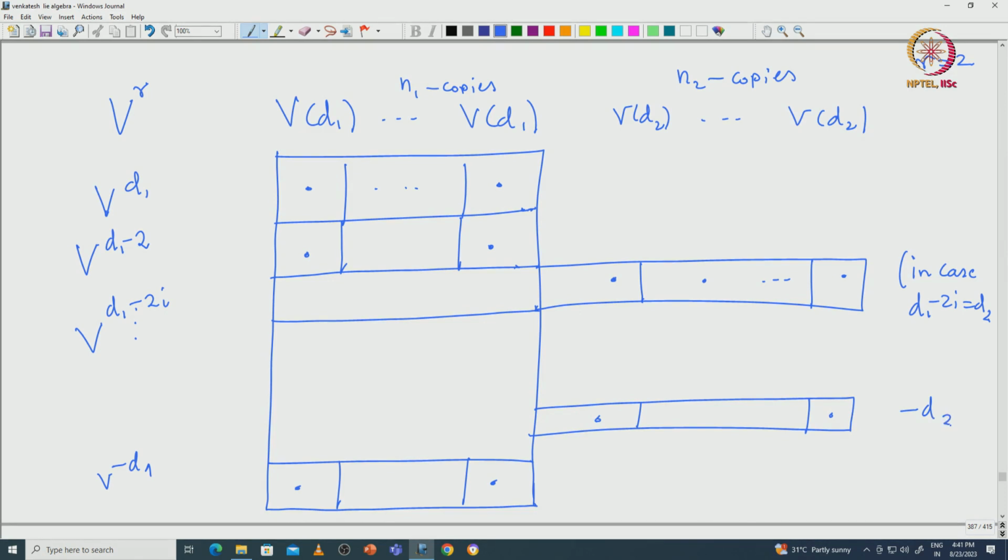Each copy is going to give us one column, and if you read it from the row, then we will be able to calculate the dimension of this D1 minus 2i dimensional eigenspace. Of course, this picture is true only when D2 is obtained from D1 by subtracting some even number. If this is not the case, then what will happen?